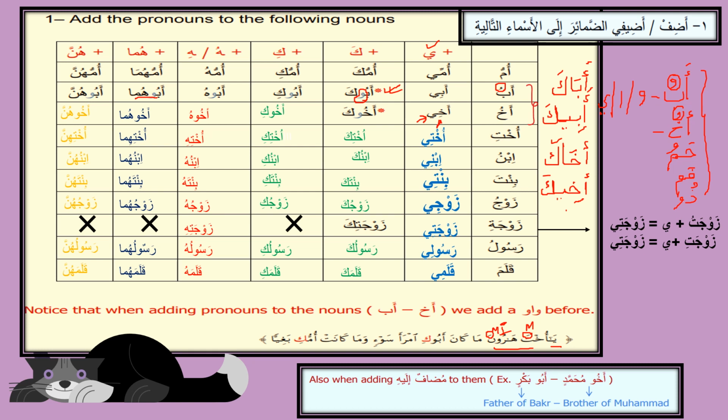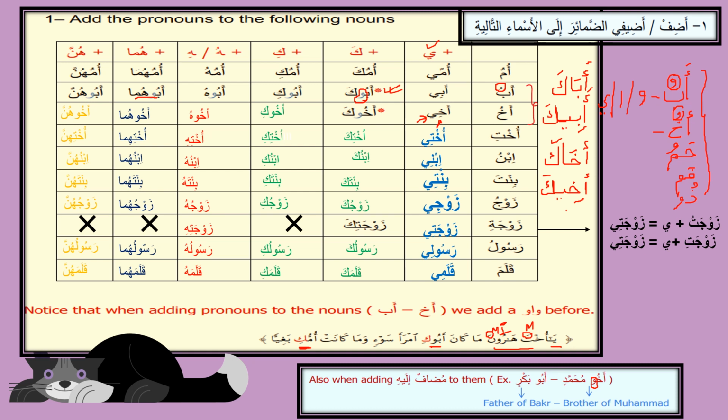Ya ukhta Harun, ma kana abuki imra'a sawin wa ma kanat ummuki baghiyan. So you can say abuki. You can see the waw because it's in marfu case. Imra'a sawin wa ma kanat ummuki. So you can see attached pronouns with the nouns here. And now you can see the example of Akhu Muhammadin, to show that the Asma'ul Khamsa will take a waw whenever they come in idafa.